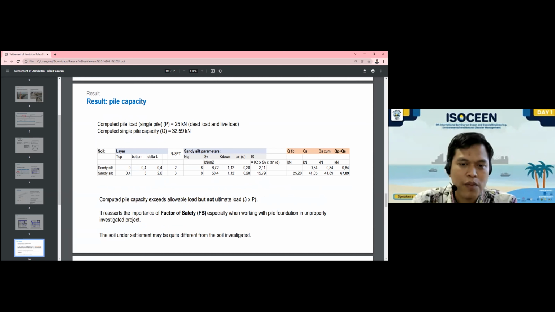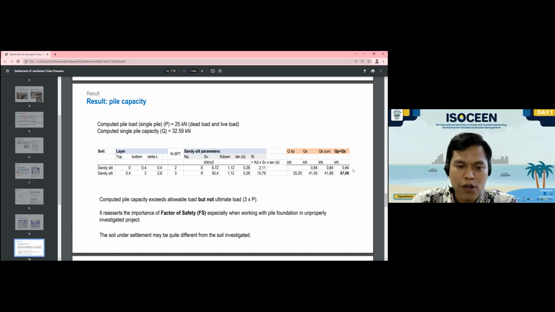And the computed single pile capacity Q, I'm sorry for this typo, it should be 67 kilonewton, as we can see in this table. The computed single pile capacity is 67 kilonewton.